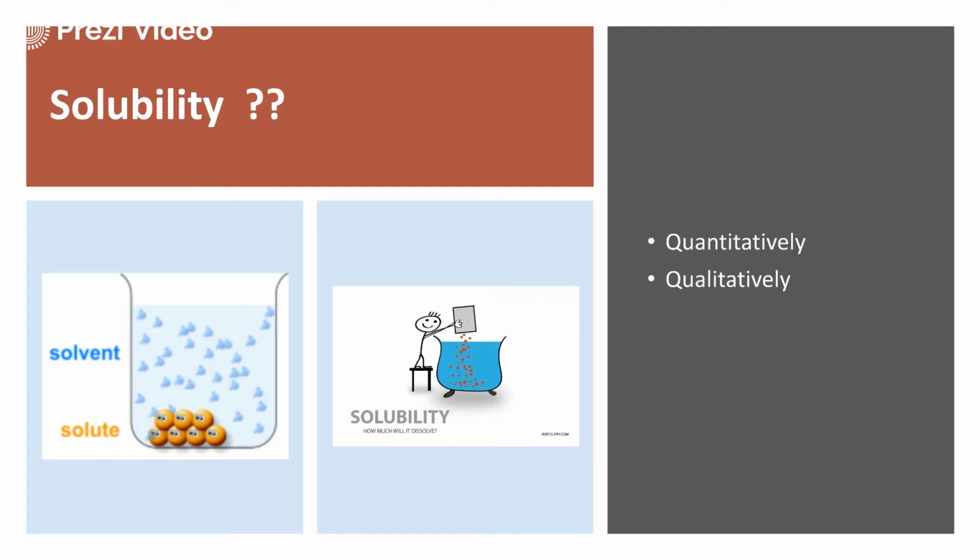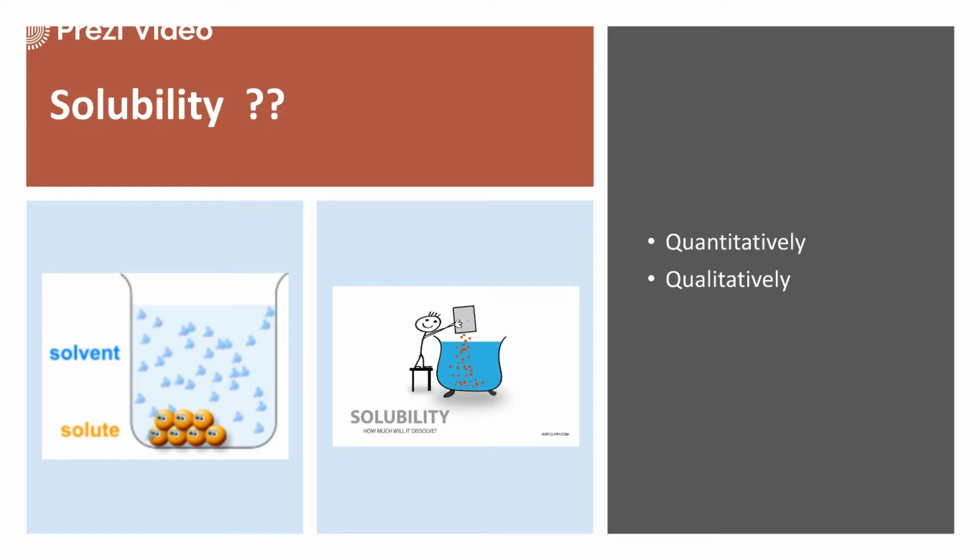So different substances which exist in nature have different solubilities. Sometimes the solute gets completely dissolved in the solvent, and we are not able to visualize the solute in it.